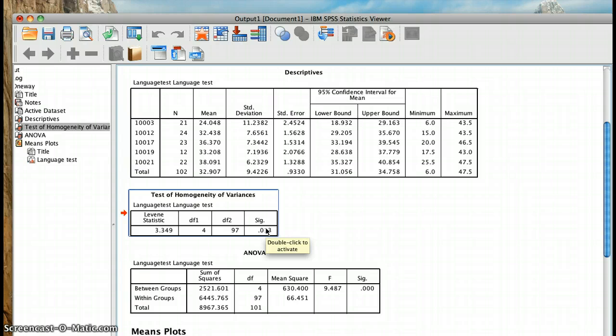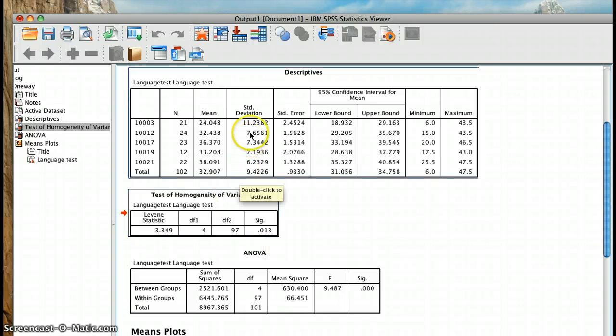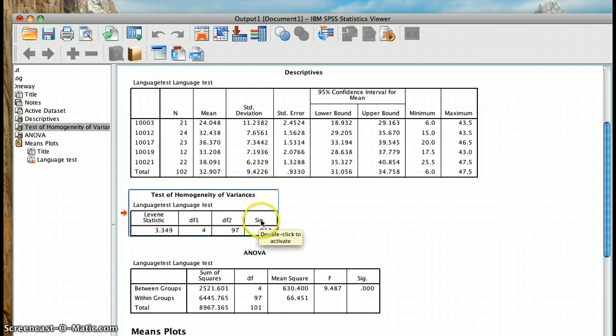So what does this tell us? The null hypothesis is that there's no difference in the variances, right? That all these variances are equal across the 5 groups. Now, since we get a significant result, we conclude that there's differences here.